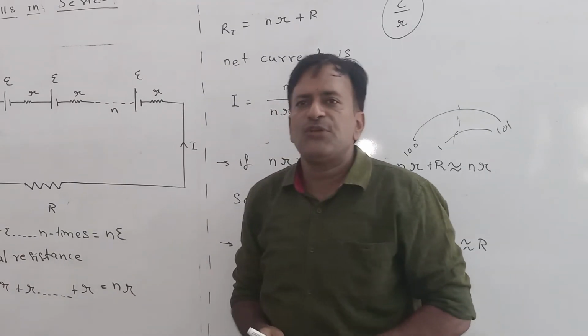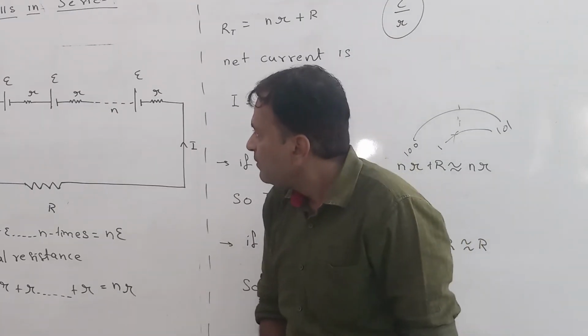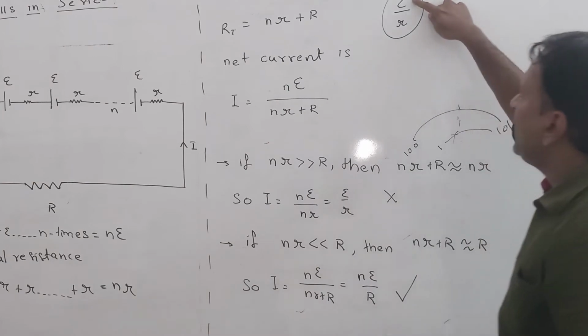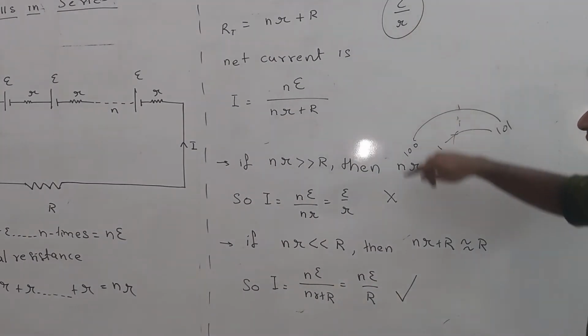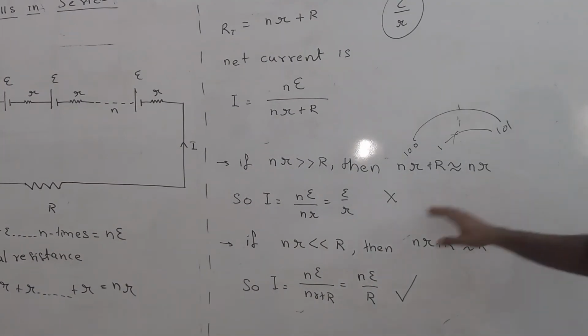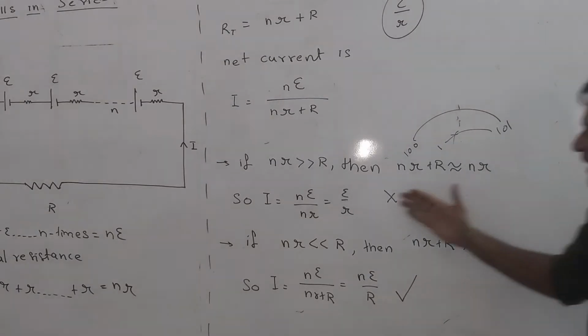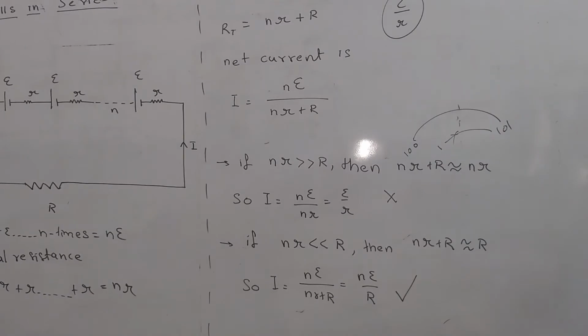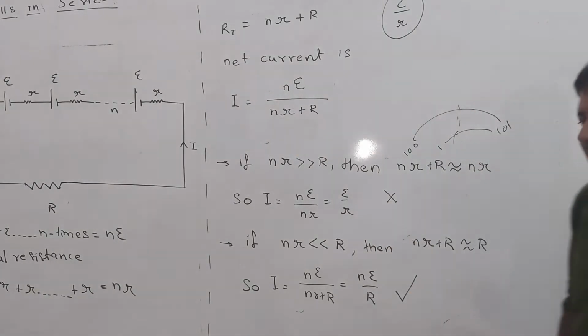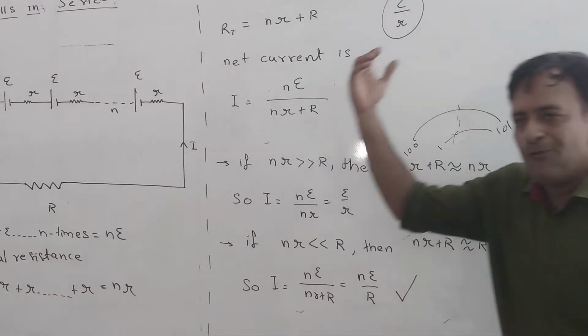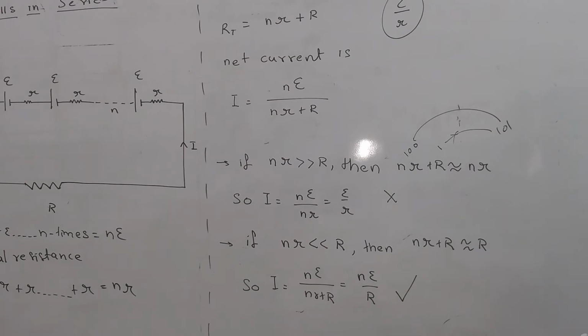So if I use one single cell, the current will be epsilon by r. And here I am using n number of cells. The current is again epsilon by r. So basically this is not a very useful condition, because if you connect the cells like this or you use one single cell, the results will be identical.